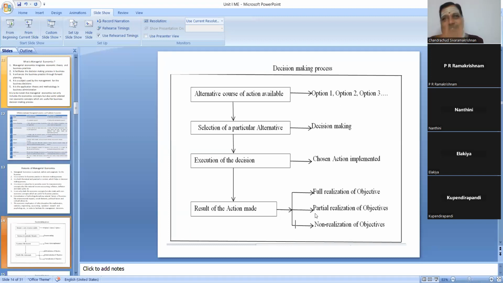Out of the list of alternatives, you select a particular alternative that is superior to the rest. Third, you execute it. After executing, you have to get feedback, that is, whether we provided the solution for the problem, whether it is only a partial realization, or whether it is not the right solution. This is the decision making process.